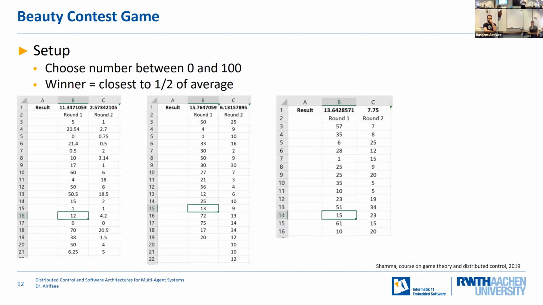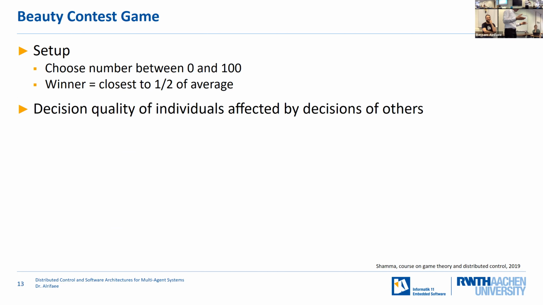So I conducted this experiment many times. It depends on the group size. You get every time something close to 12.5, if people understand the game. And what I want to say with this game is that the decision quality of the individual, of everybody of you, is affected by the decision of others.